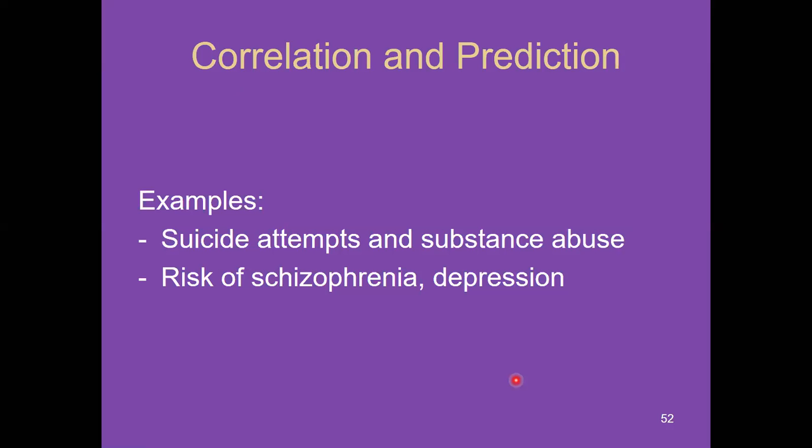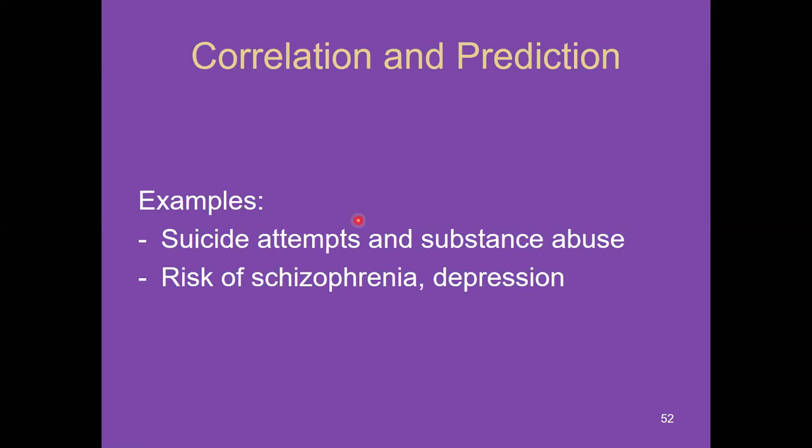Now, correlation also can be useful for prediction. A couple examples of that. They have found that there is a significant correlation between suicide attempts and substance abuse. So statistically, these tend to go together somewhat. Now it's moderate. It's not a perfect correlation by any means, but significant. So what does that mean?